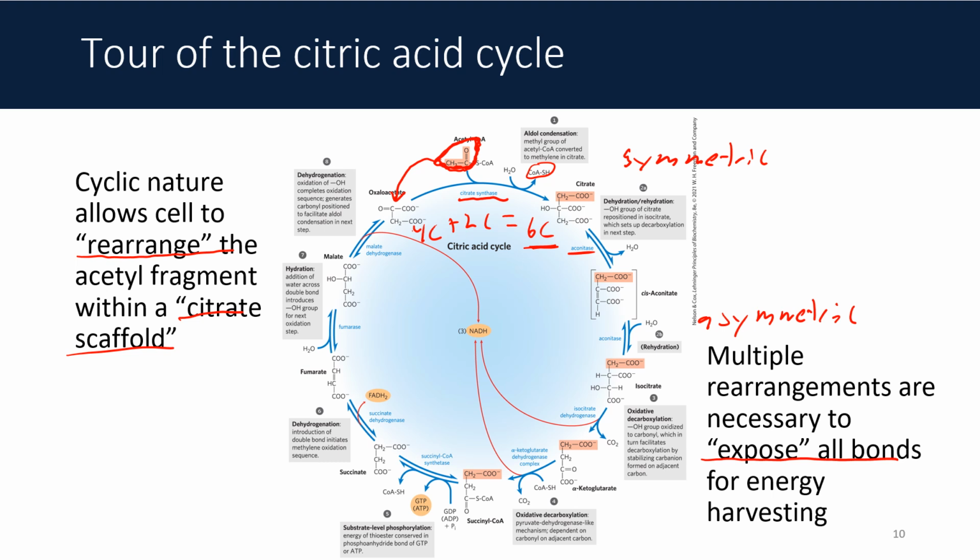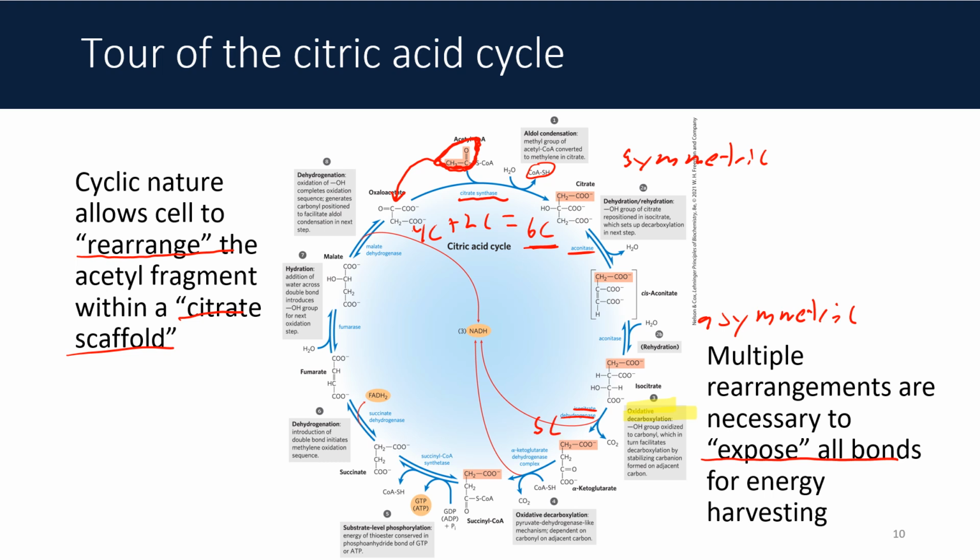And that's where the next enzyme comes in, isocitrate dehydrogenase. And remember, dehydrogenases are going to foster redox reactions. This will be the citric acid cycle's first instance of oxidative decarboxylation. We are going to remove one of the carbons in our 6-carbon isocitrate molecule, giving us a 5-carbon alpha-ketoglutarate.